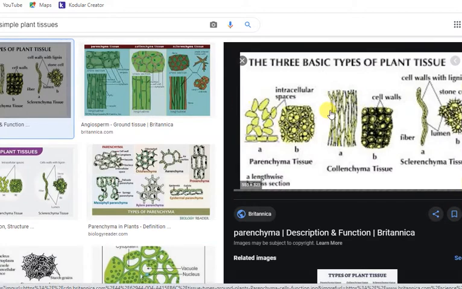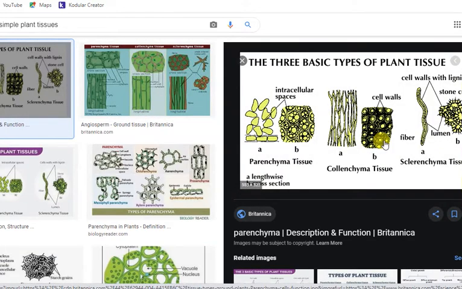In this diagram, you can observe the rough illustration of parenchyma cells, and you can see the presence of intercellular air spaces. A and B are parenchyma cells or parenchyma tissues.